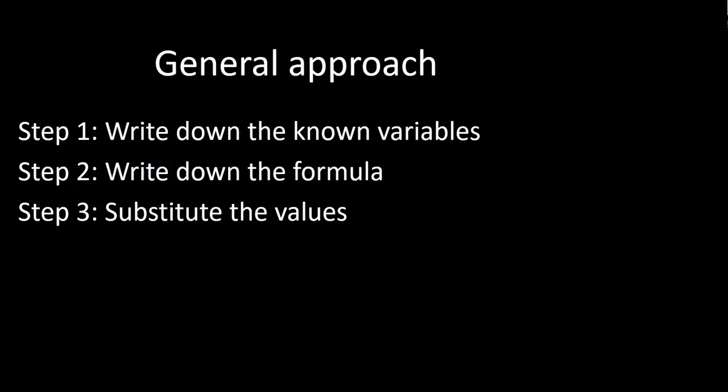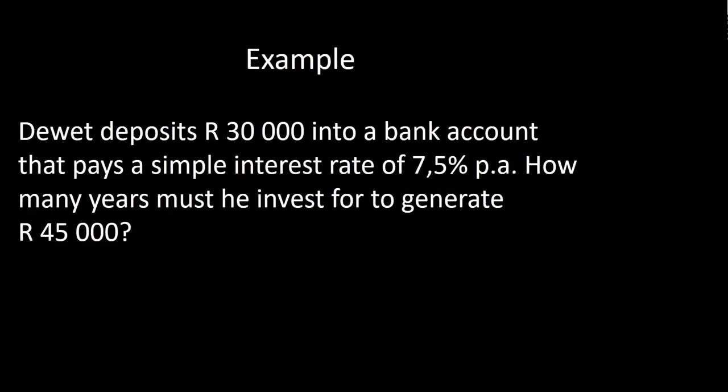Okay. All right, so generally, how do we approach any compound interest or simple interest question? We first write down the known variables, so write down whether you know A, P, i, or n. You then write down the formula and substitute the values that you have from your question straight into that formula. Okay, let's have a look at this question. De Wet deposits 30,000 Rand. So he's depositing an initial amount into a bank account. So that would be your P value.